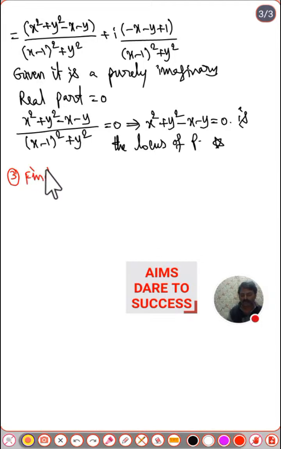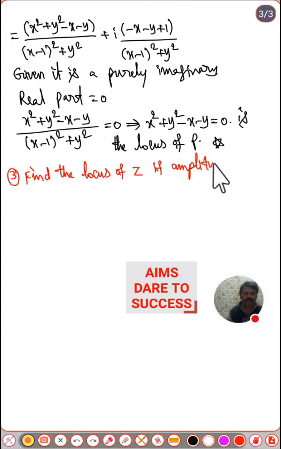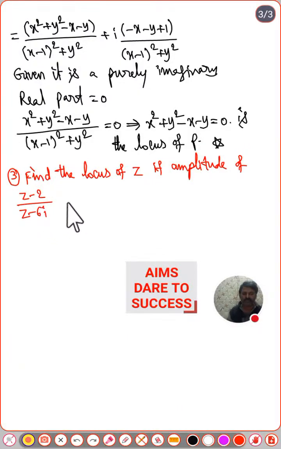First of all, find the locus of Z if the amplitude of (Z minus 2) divided by (Z minus 6i) is pi by 2.